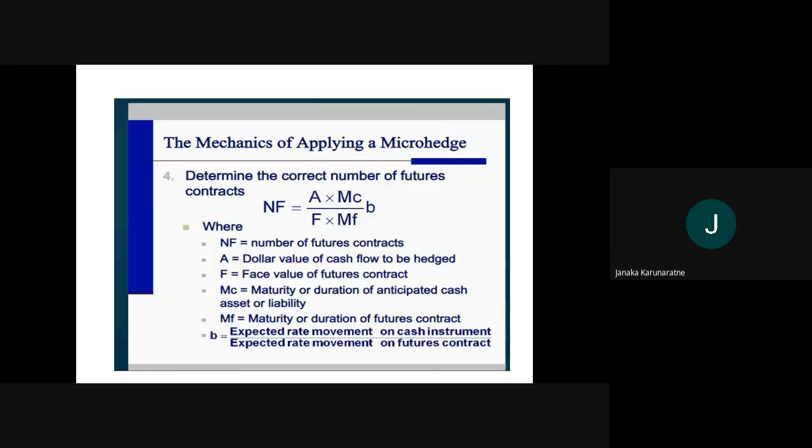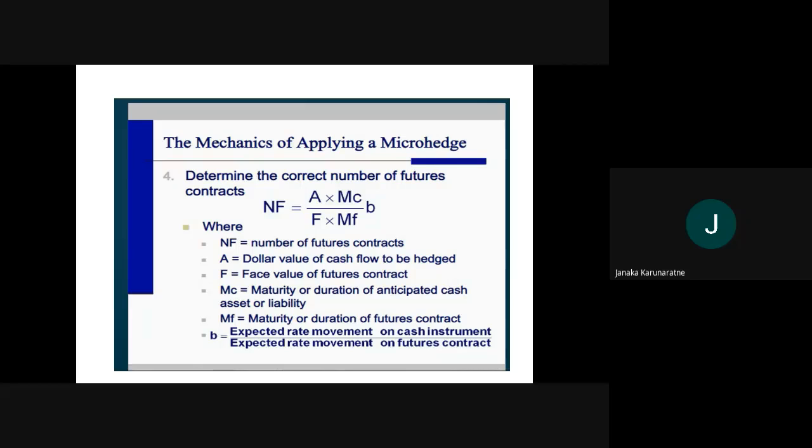If we expect the cash instrument rate to go up by 2% and futures rates to go up by 5%, the B would be 2 over 5. When you plug those numbers into this formula, you can find out how many futures contracts you need to buy or sell to hedge your position.